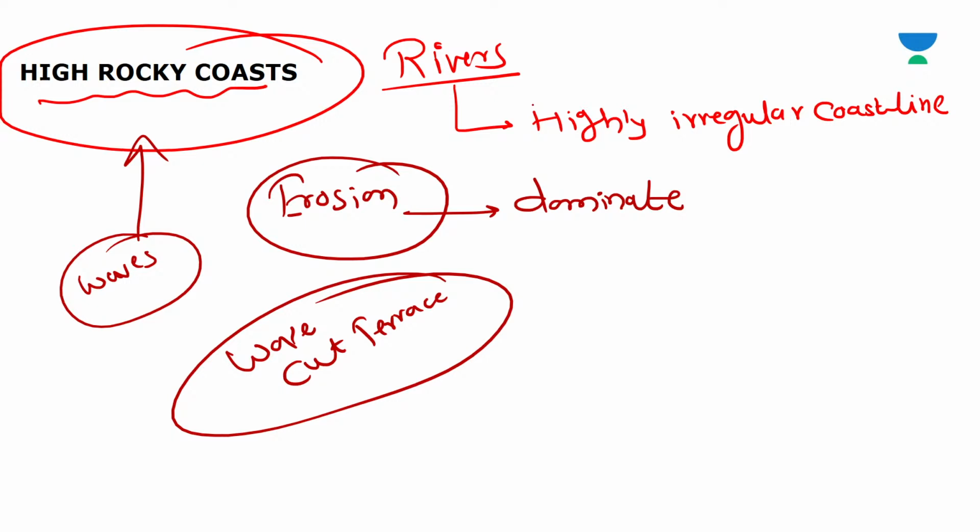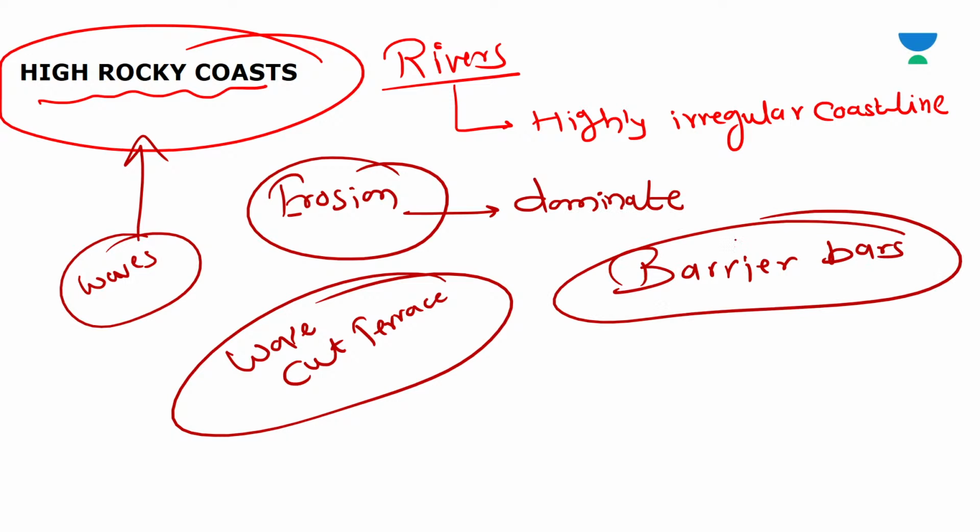So these bars are submerged features, and when bars show up above water, they are called barrier bars. A barrier bar which gets keyed up to the headland of a bay is called a spit.